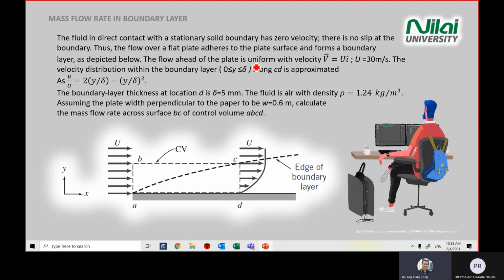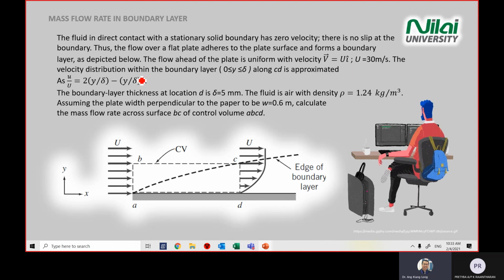The flow ahead of the plate is uniform. So before the flow contacts the plate, it is uniform flow, given by this vector V equal to U i. So the magnitude of your velocity is 30 meters per second. Again, in ANSYS, you also can set your direction and also the magnitude of the velocity.